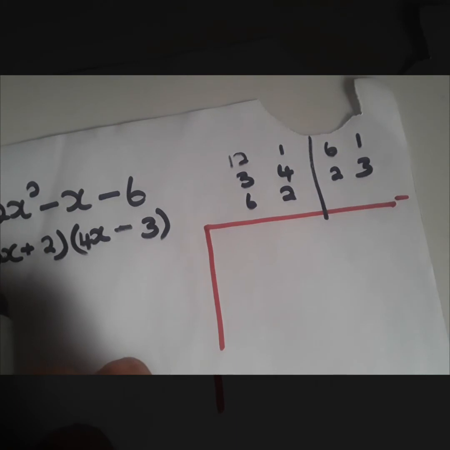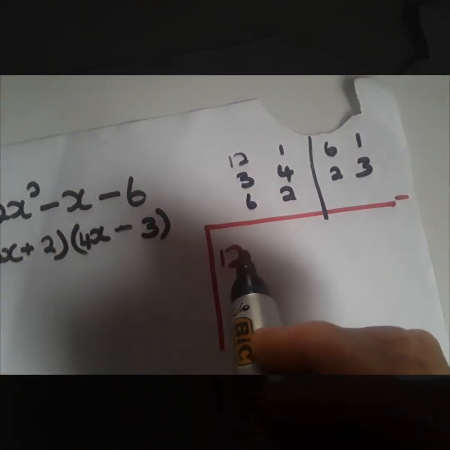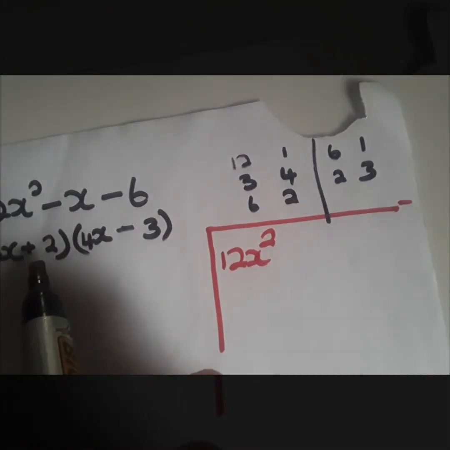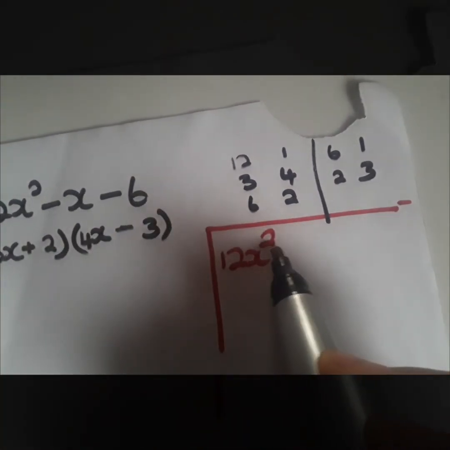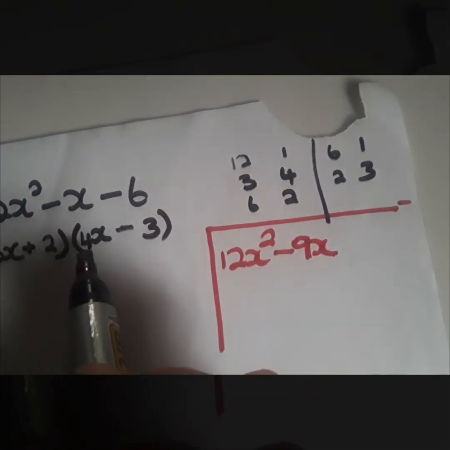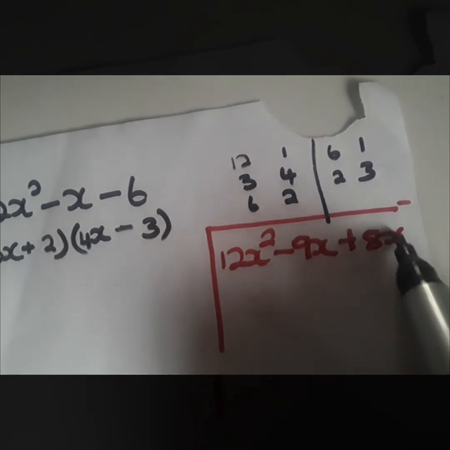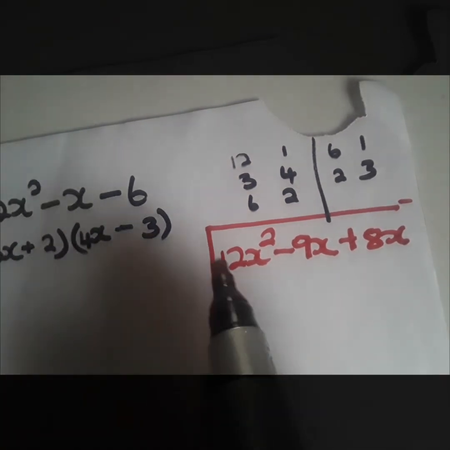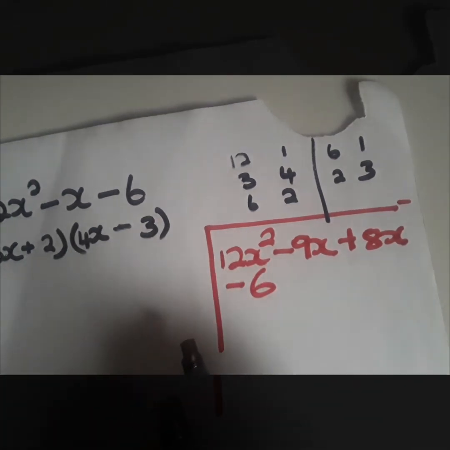So now let's see. 3x times 4x gives us 12x squared. 3x times minus 3 gives us minus 9x. 2 times 4x gives us plus 8x. 2 times minus 3 gives us minus 6.